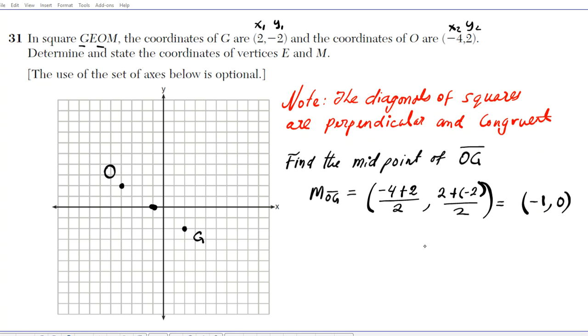Another way to find a midpoint, M, is to use the slope triangle. You rise 1, 2, 3, 4, and go back 1, 2, 3, 4, 5, 6, and you take half of the rise and half of the run to get to the midpoint. So what's the slope of this diagonal, OG?